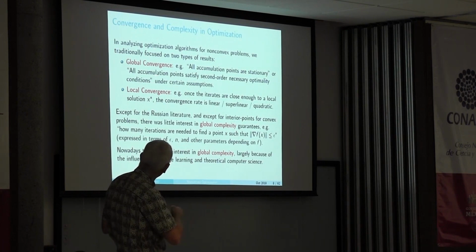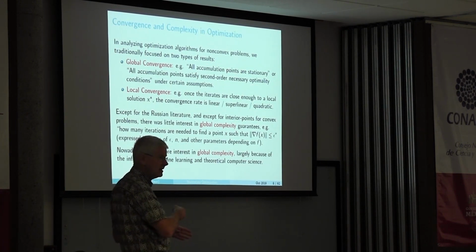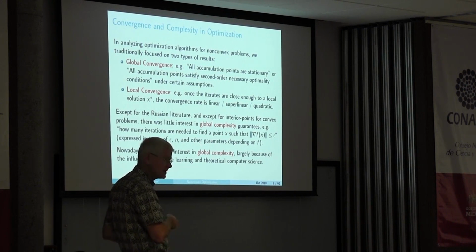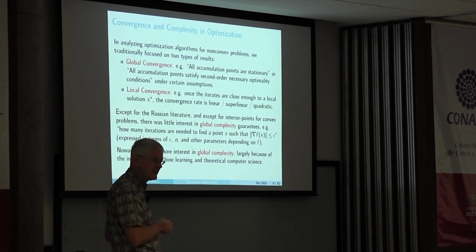So it's like a global convergence result, except you get a bound on how many iterations you're going to need to get to an approximate first order or second order point. And I never cared much about those results historically. The Russians did. Starting in the 80s, the Russians started to prove results like this. And most of what I'll talk about in my talk is basically focused on this kind of result.